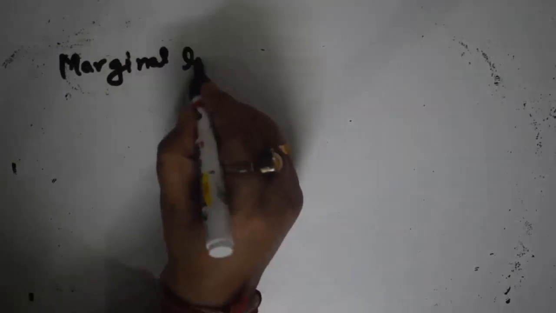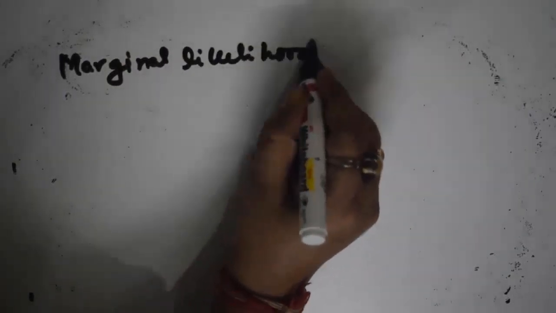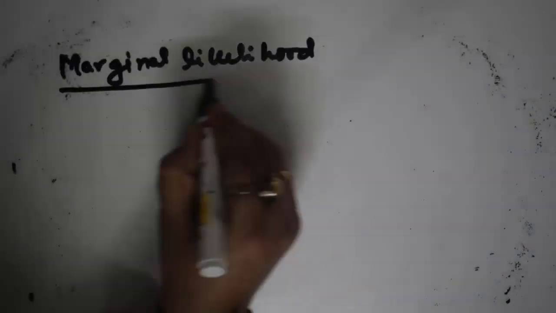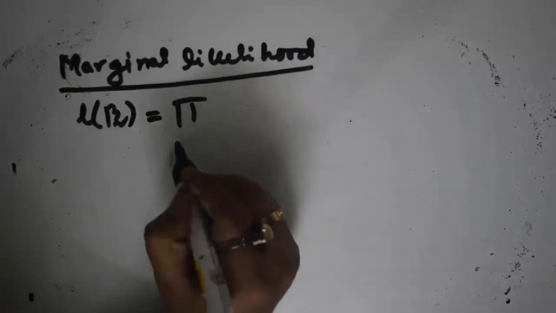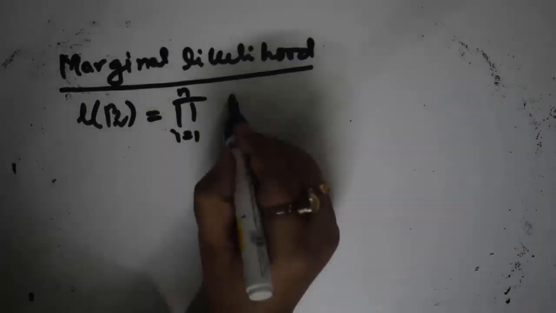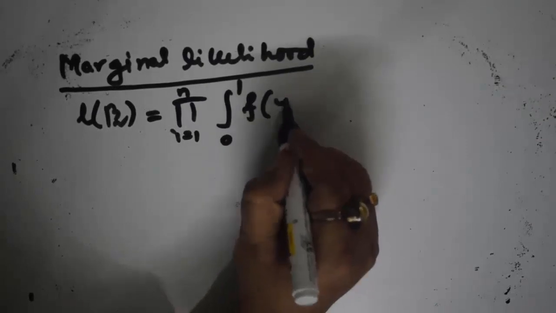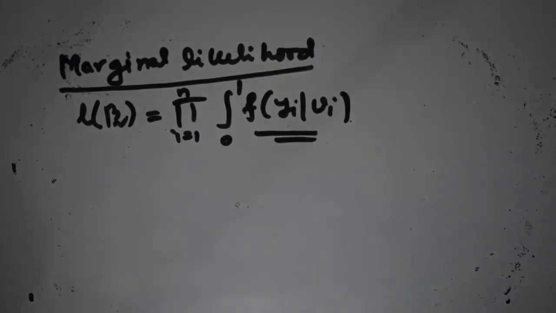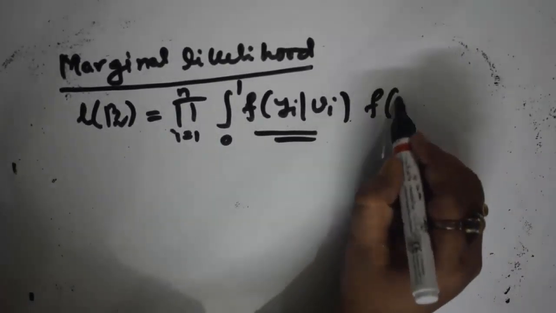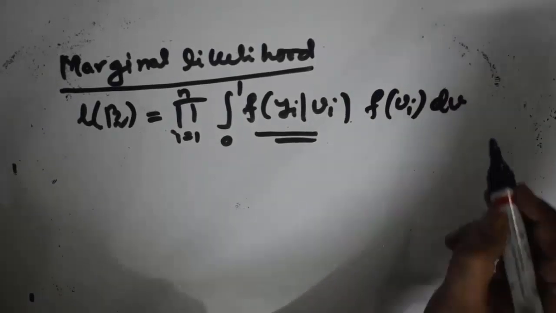Now the marginal likelihood is equal to L beta, product over i from 1 to small n, integrate over 0 to 1 of f of yi given vi, which is a binomial distribution with parameter ni, vi, into the density of vi, dvi.